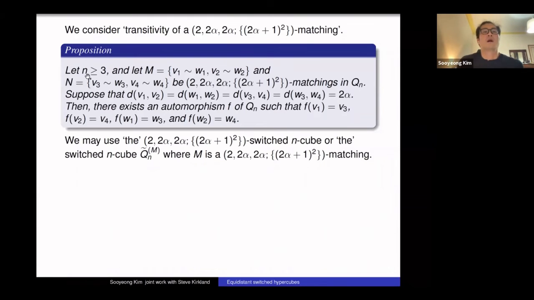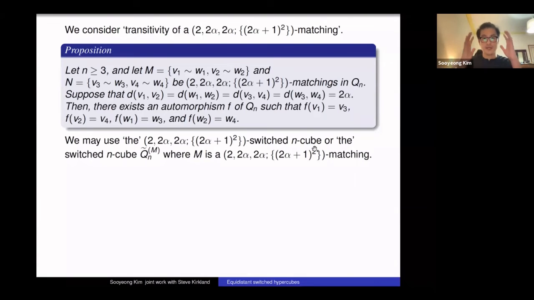Given n greater than or equal to 3, and given equidistant matchings M and N with these parameters, then there exists an automorphism f such that this matching can be mapped to this matching. So in general, for this type of equidistant matching, we may use this parameter-switched n-cube.